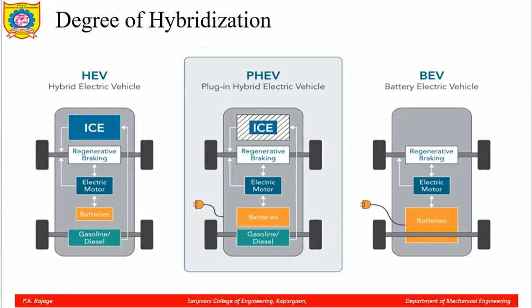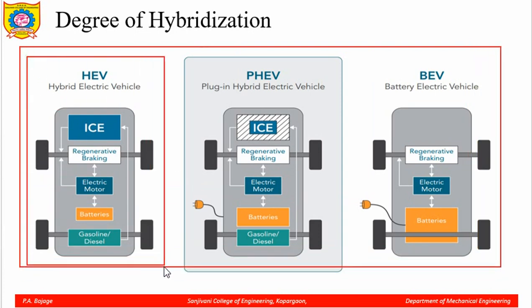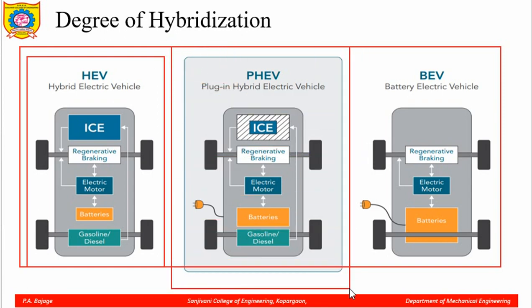Again, here you can clearly see the same things are shown, the three diagrams, like hybrid electric vehicles, with the IC engine, regenerative braking, electric motor, batteries and the conventional engine. You have the PHEV, that is the plug-in hybrid. So in the plug-in hybrid also you have an external charging source to the batteries, which can drive the motor and it can run the transmission.